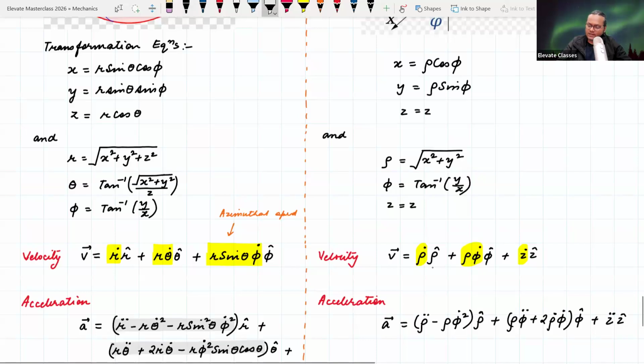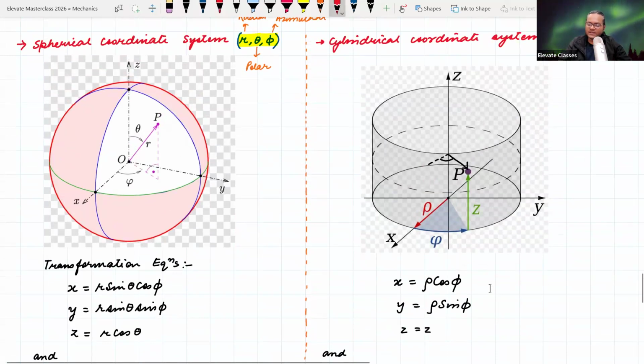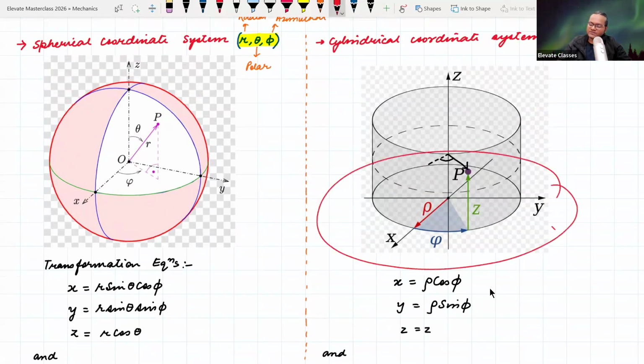If you notice, it is easy to remember the velocity and the acceleration components in the cylindrical coordinates because they have a certain amount of similarity with respect to the polar axis. And why do they have a similarity with respect to the polar axis? Because essentially xy is transformed into rho phi, and then there is the additional z-axis. That's it. Are you understanding?